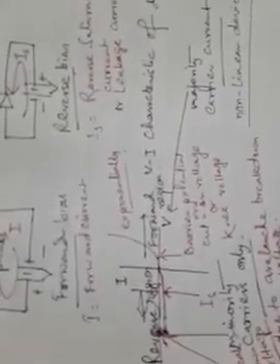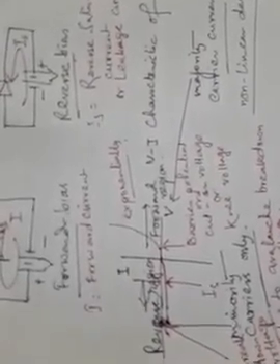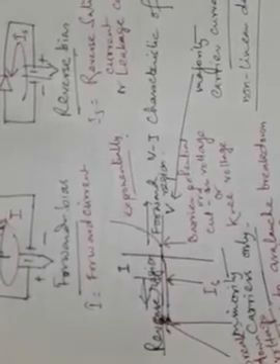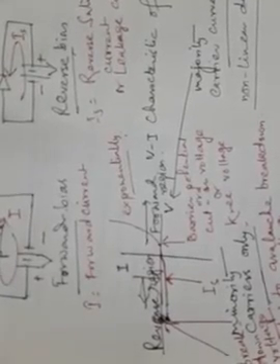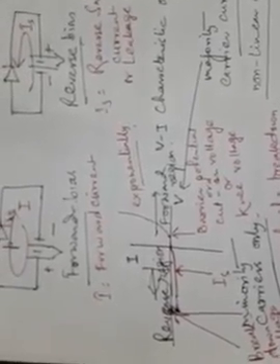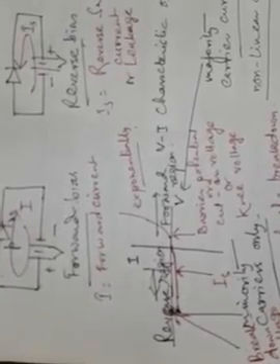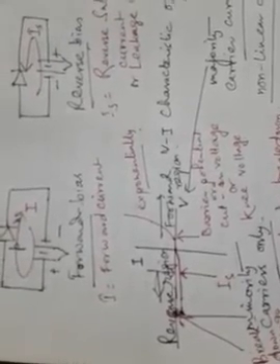Because of this the diode is called a non-linear device, because the characteristics of voltage versus current through it and voltage across it is not at all a straight line, it is rather exponential, so it is called a non-linear device.